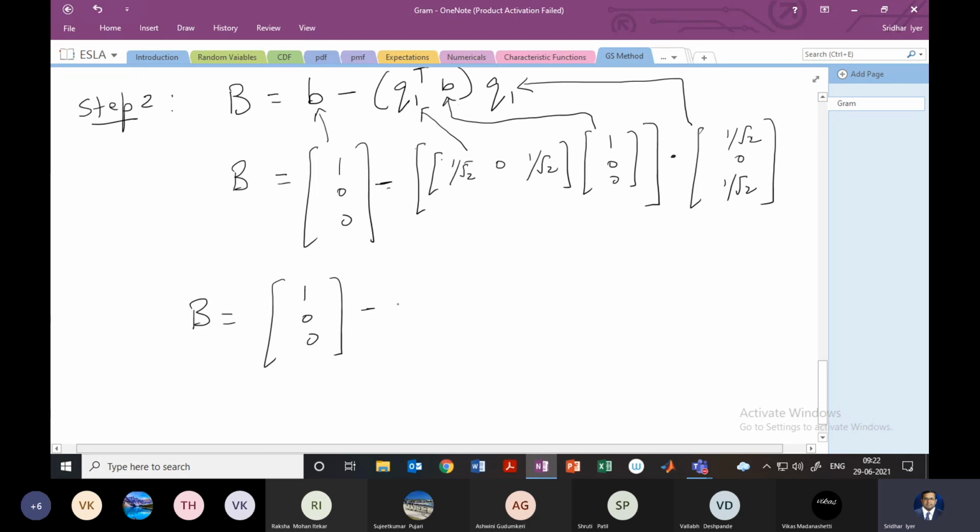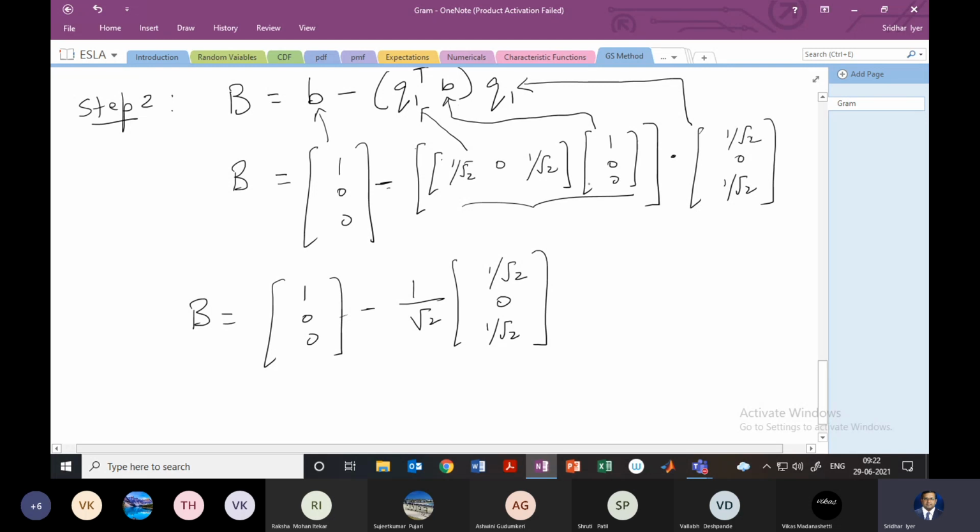Minus, now I'll start multiplying. I'll first multiply this bracket here. What I will get here is 1 by root 2, and then I have 1 by root 2, 0, 1 by root 2.